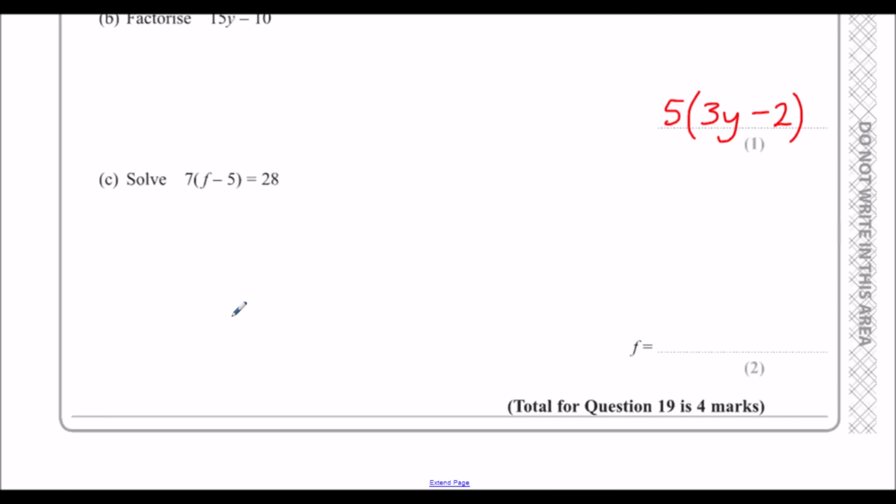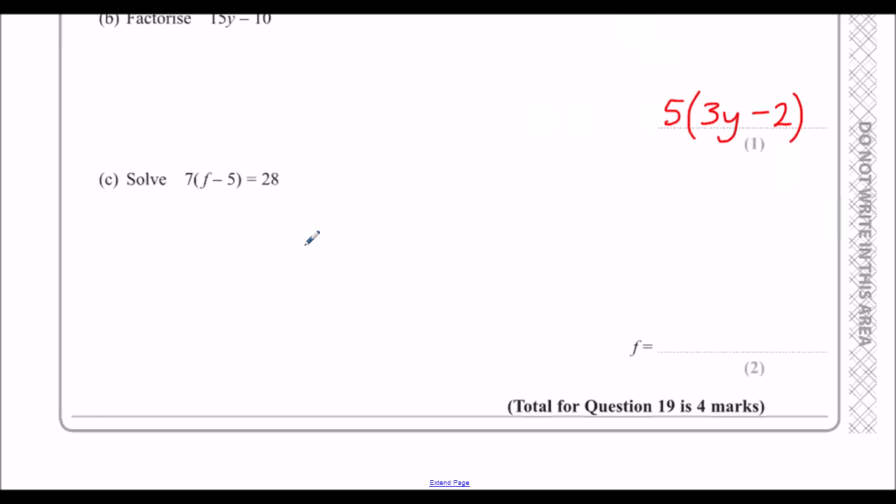Part C, solve. 7 times f minus 5 equals 28. So there's two ways of doing this. We could either expand the brackets first, or we could divide both sides by 7 first. It doesn't matter which one you do.